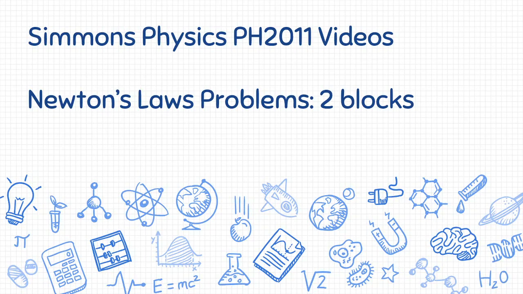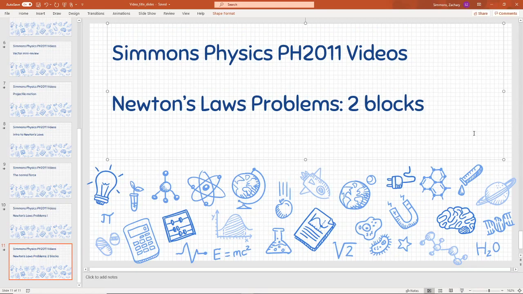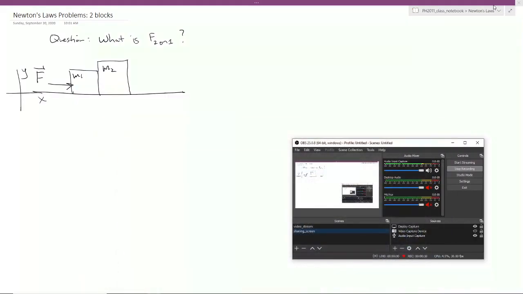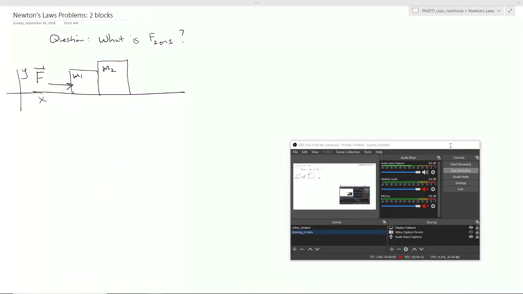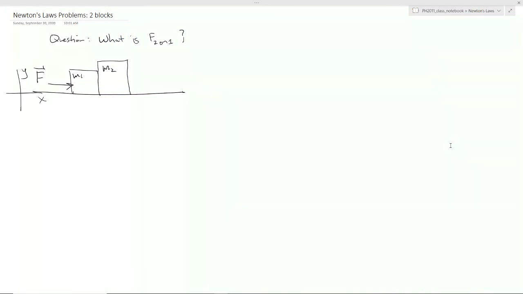Hi, so let's spend a little bit talking about a kind of classic problem where we have two objects that are in contact. This is the basic version of questions that you'll see a lot, where you have things that are connected together and we want to understand the forces going on in between them. So the setup is basically the following.